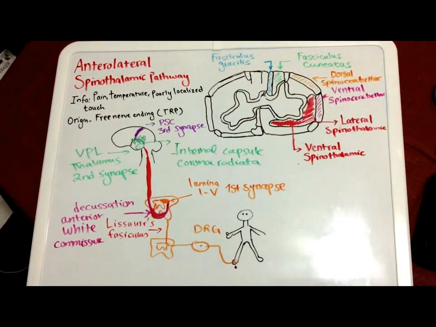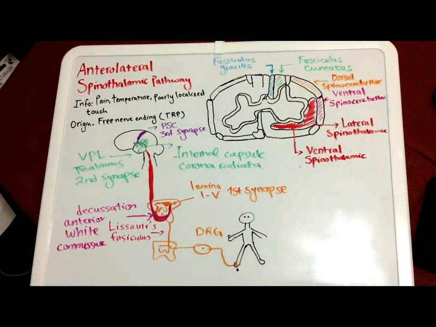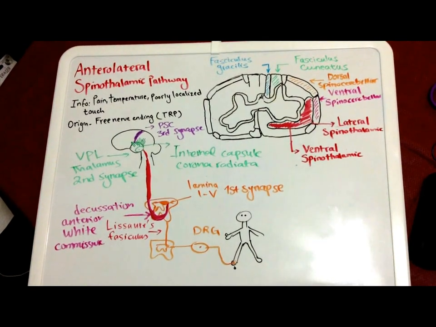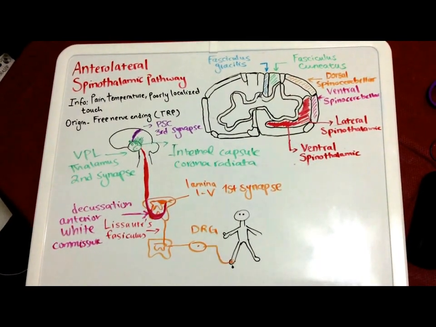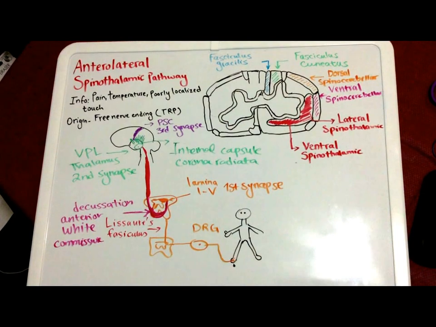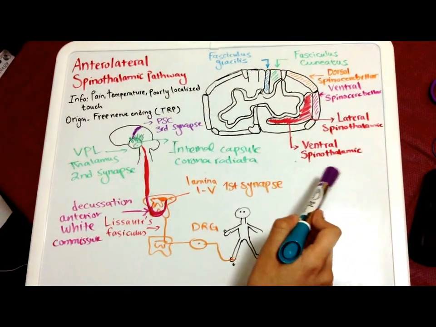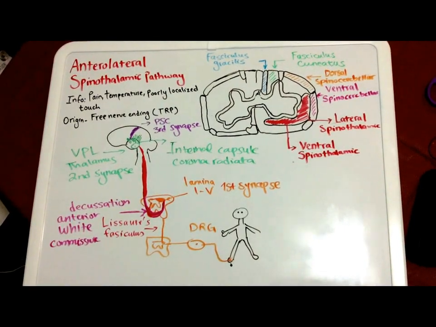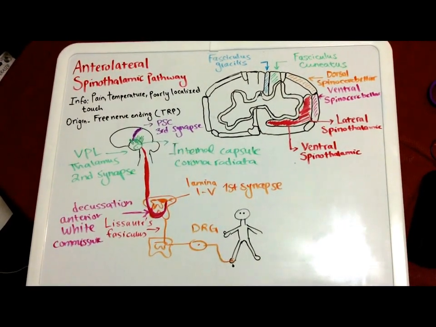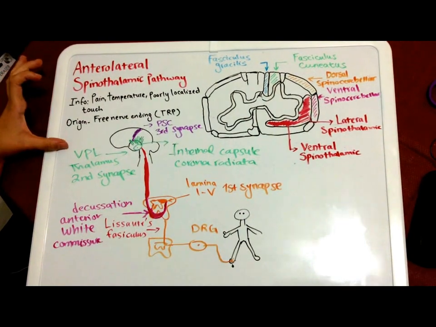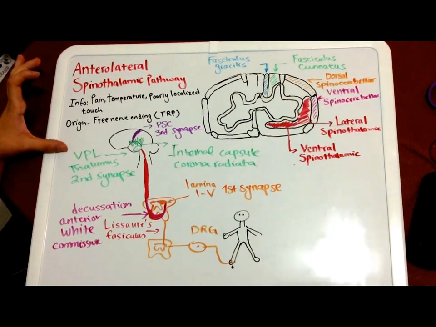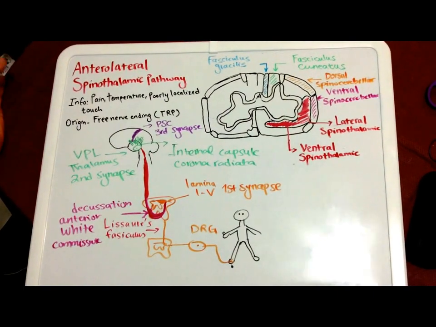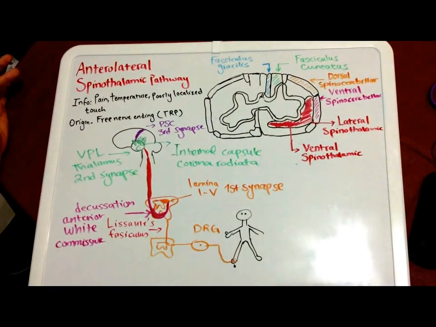So here it's going to have its first synapse. Then it's going to decussate right after the first synapse, going to the other side via the anterior white commissure. It's going to go up via the anterolateral spinothalamic pathway, synapse in the VPL of the thalamus, and then go up via the internal capsule or corona radiata, and have its last synapse in the primary somatosensory cortex.